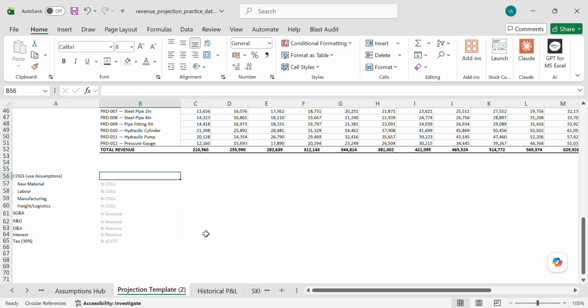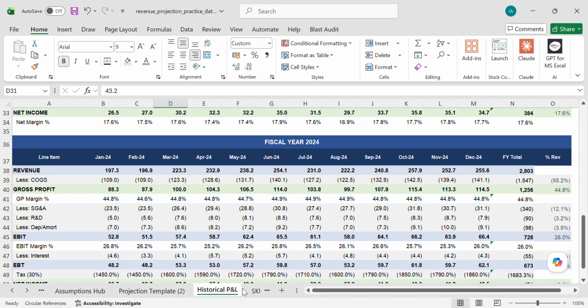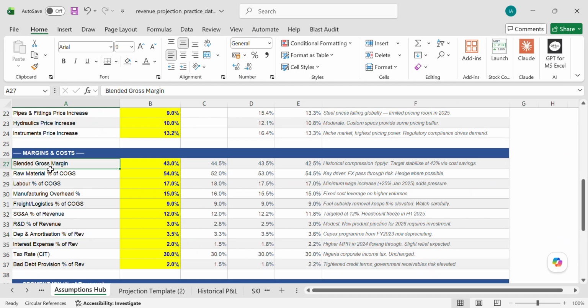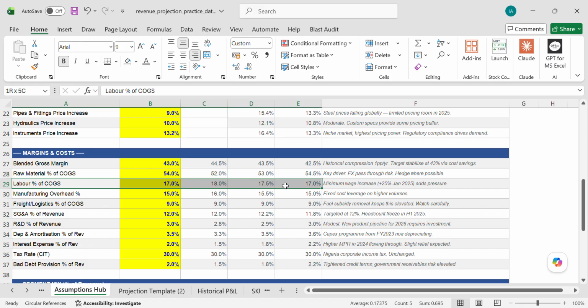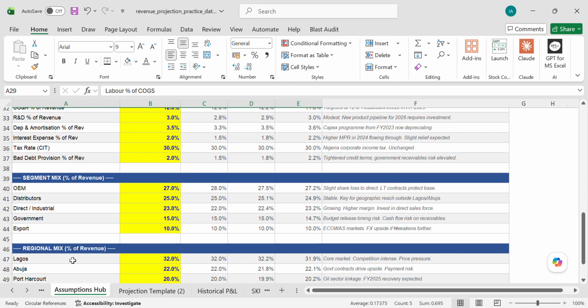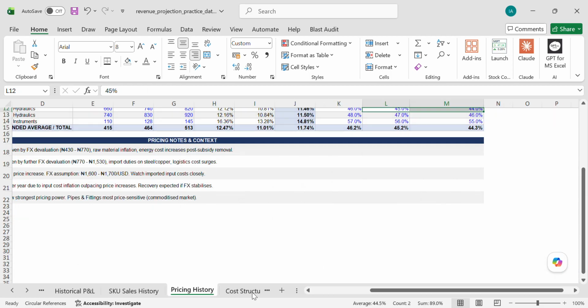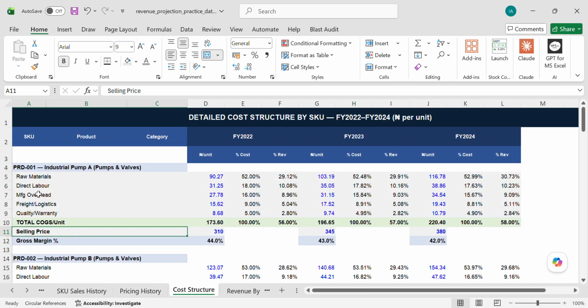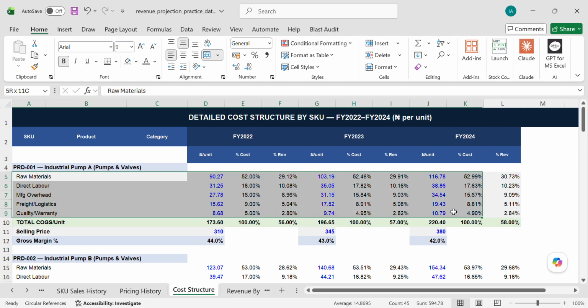so what's our COGS? So historically, let's check our assumption. Our COGS here, blended gross profit is this, right? So let's see our cost structure. Come here. So all these form our COGS actually.